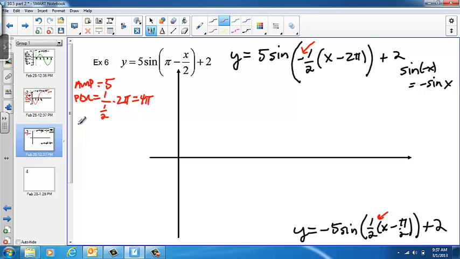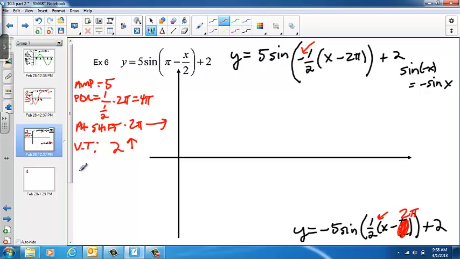The phase shift is going to be, sorry, this is wrong here. This should be 2 pi. The phase shift is 2 pi units to the right. 2 pi to the right. And then the vertical translation, we're going to go 2 units up.